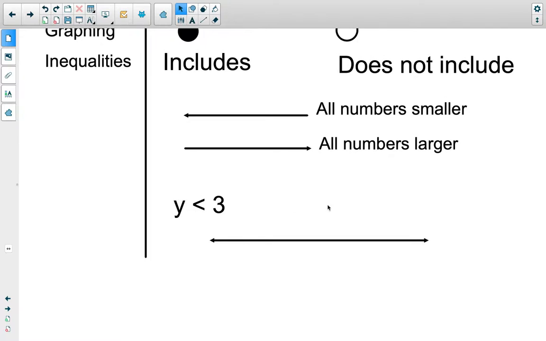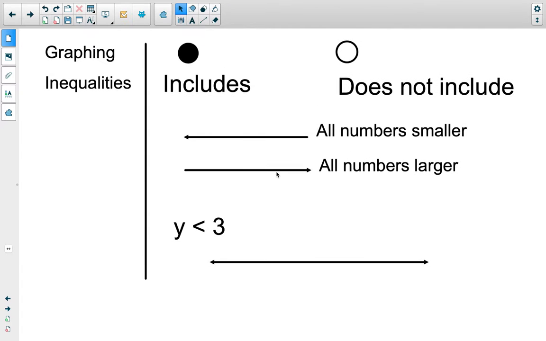So here is an inequality with a variable, and we're saying y, or our number here, is smaller than 3. So we want to graph y is smaller than 3. Now when you're graphing number lines, you don't have to write every single number on it.